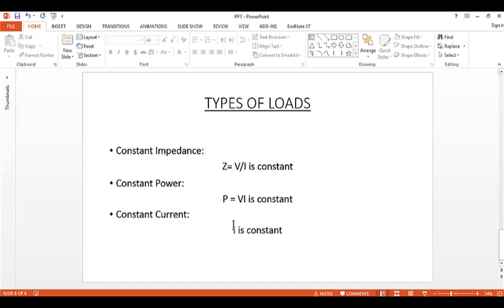Constant current loads are those loads in which the value of current is constant. In constant impedance type loads, the relation between voltage and current is directly proportional, whereas in constant power type loads, the relation between voltage and current is inversely proportional.